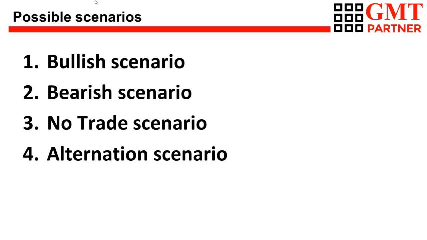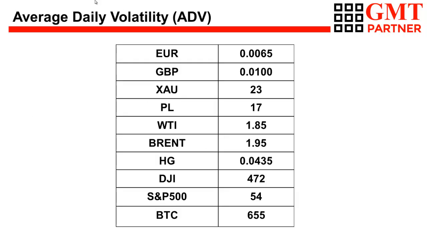An alternative scenario, a market situation where it is possible to implement first a bullish and then a bearish scenario or vice versa. In order to define probable scenarios, first of all, traders should use the volatility parameter of the selected financial instrument and several other analytical tools.